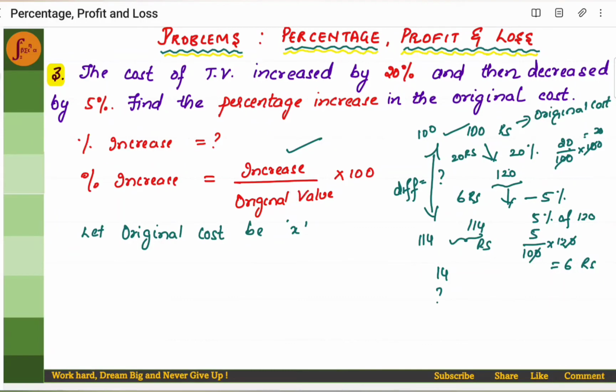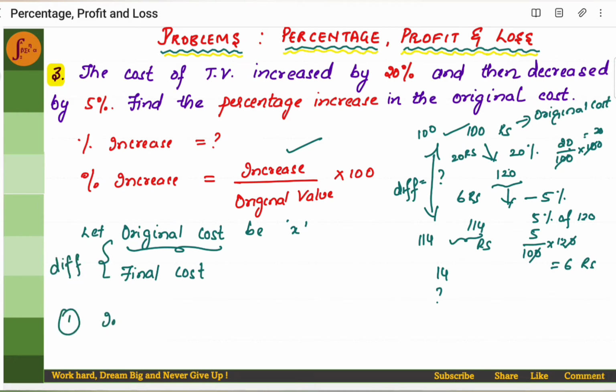Instead of original value, we put original cost. Increase is the difference between the original cost and the final cost. We don't know either, so we have to find both the final cost and the original cost. The difference of these two will give you the increase percentage.